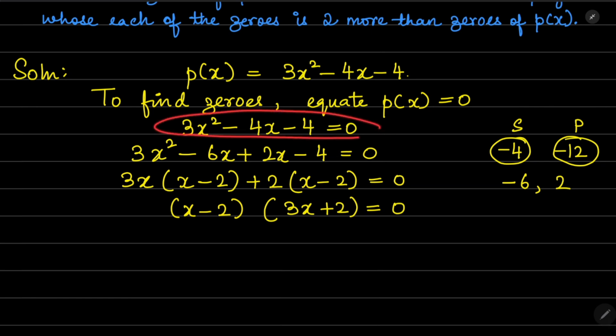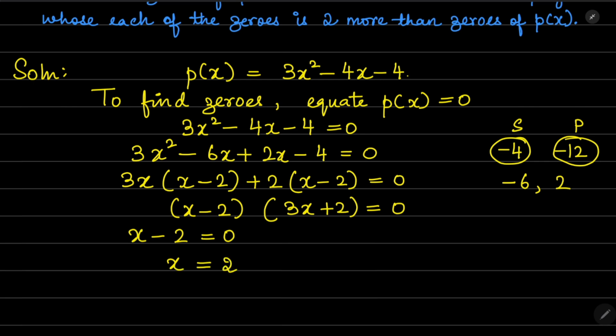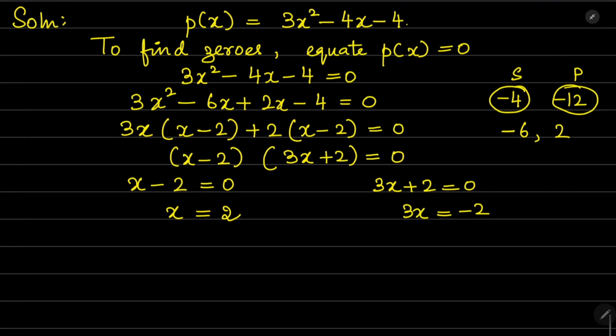So these are the two factors of this particular equation. This becomes a quadratic equation because it's equal to 0. So what are the zeros? Either x minus 2 equal to 0, which means x equal to 2. Or 3x plus 2 equal to 0, which means 3x equal to minus 2, or x equal to minus 2 by 3.